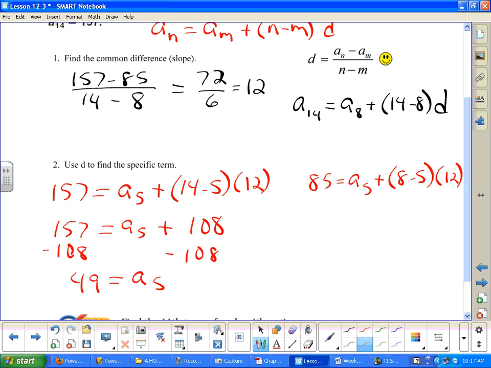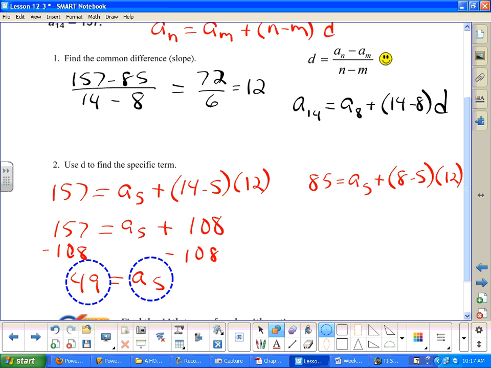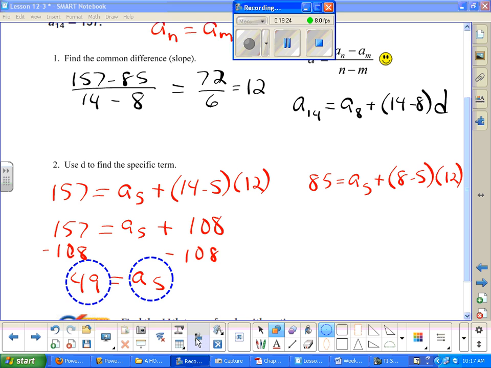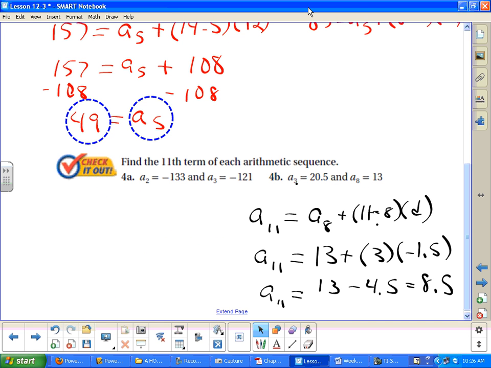So you could do it either way to get to that term number. So all of those things talk about the sequences, using the formulas to find either a specific term number or the numbers between certain ones.